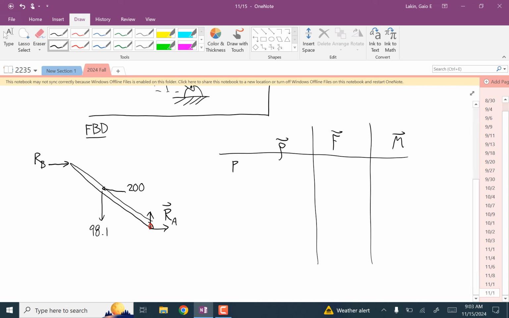And so the first one is RA. The rho vector is 0. The force is RAX, RAY. Moment is 0. Then I'll go up to RB.